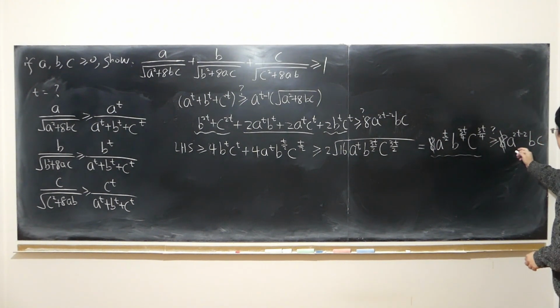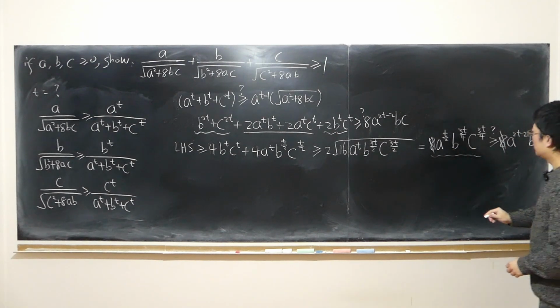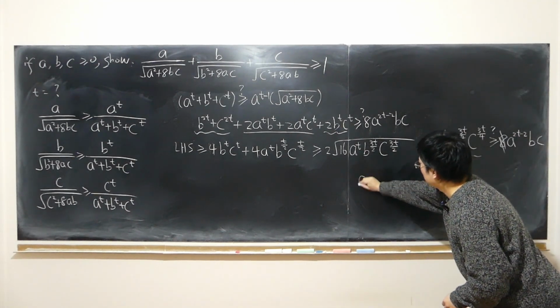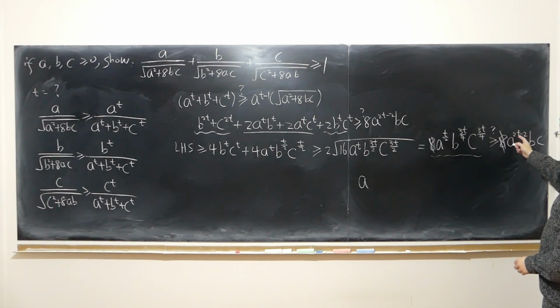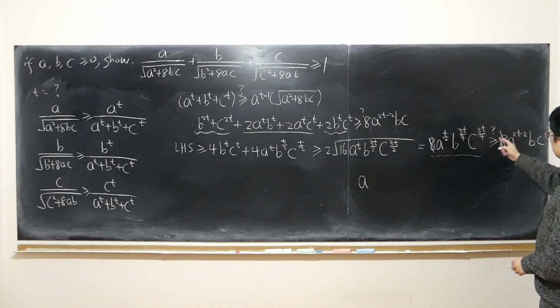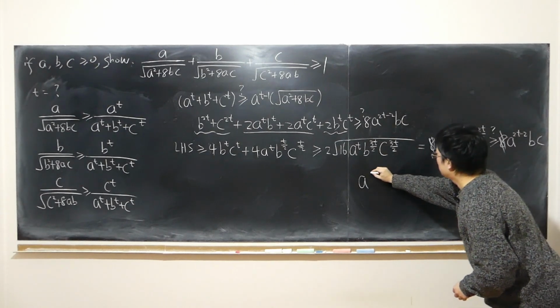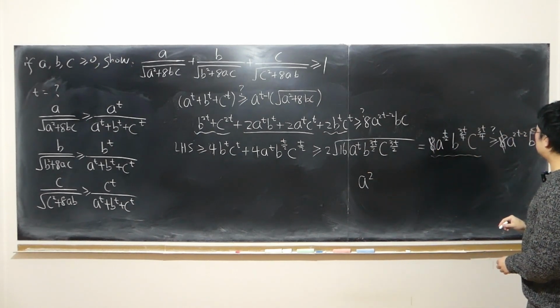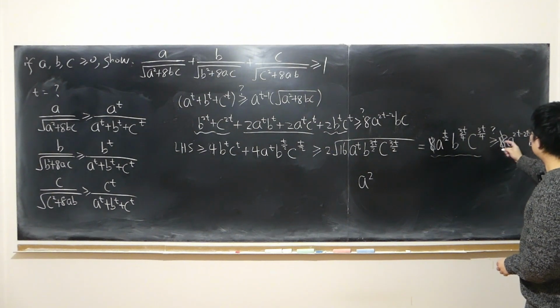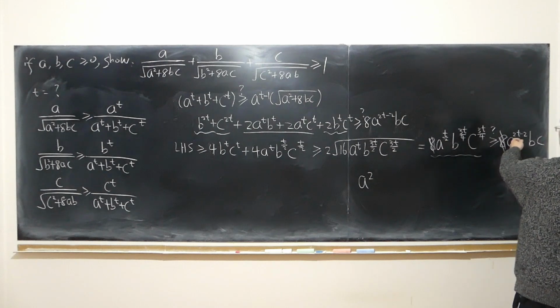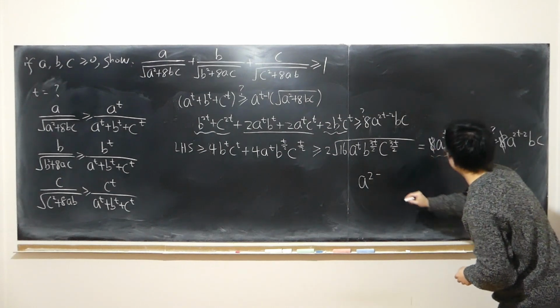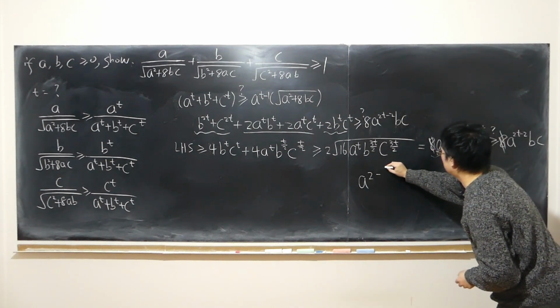And if you divide this over here, so a to the, first of all, change this sign, so 2 minus 2t plus half t, so half t minus 2t, so negative 3t over 2.